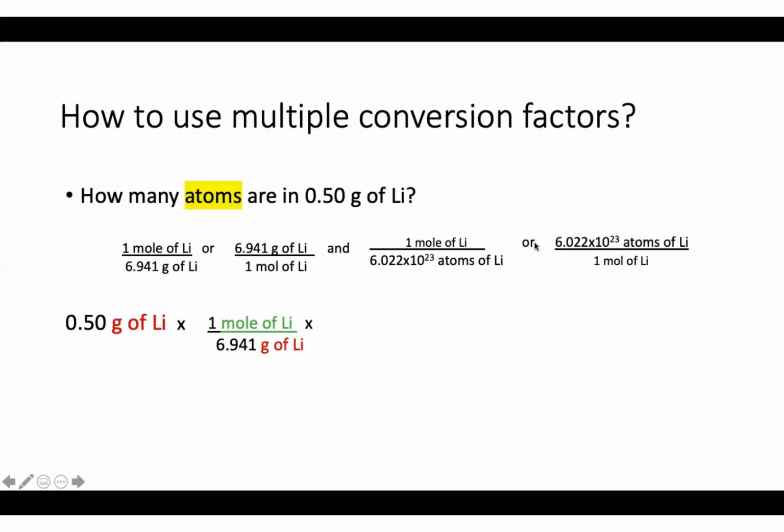I'm going to use the right one and make sure the unit matches what is asked for in the question. So I'm done, and I can multiply the top ones and divide by the bottom numbers. Make sure your final answer, which has 2 sig figs, has the same number of sig figs as the given number.